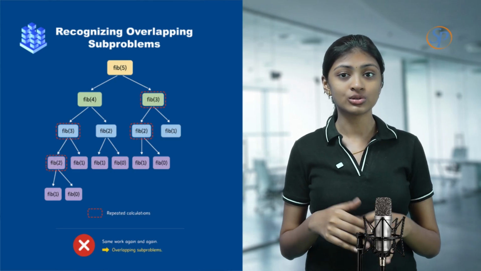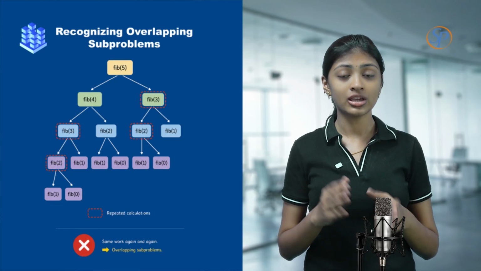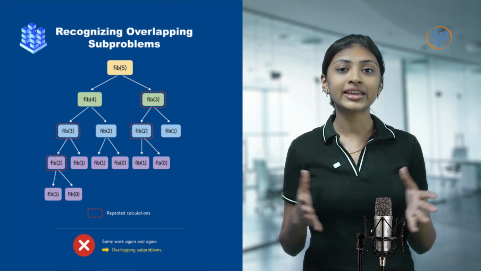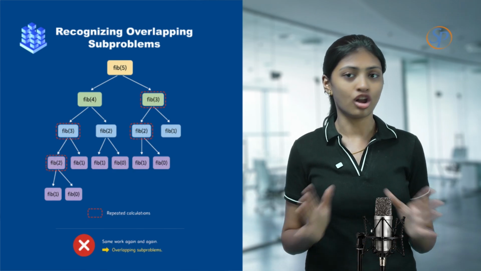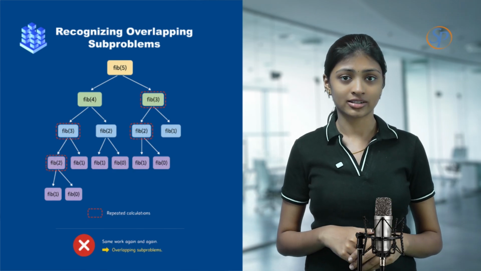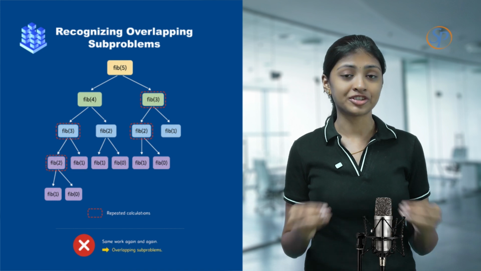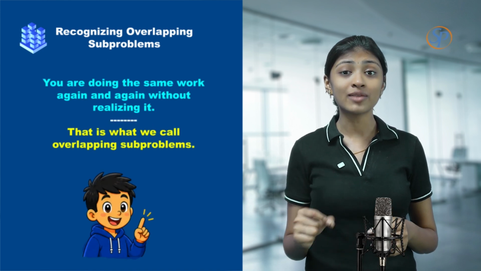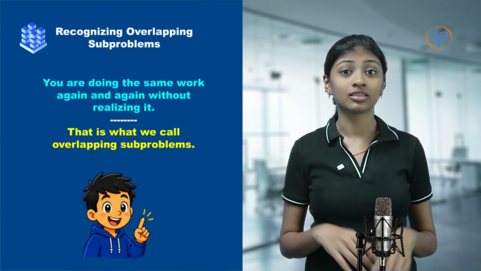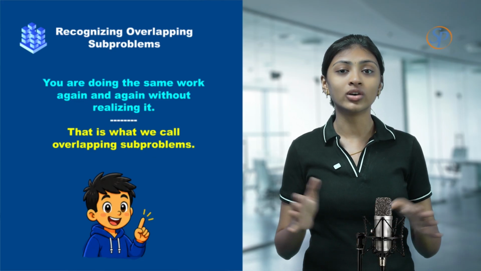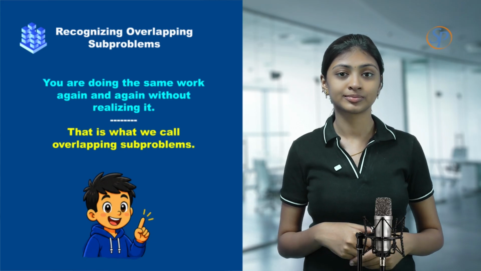The same values like Fibonacci 3 and Fibonacci 2 are being calculated multiple times. Now the problem here is not logic. The logic is correct. The problem is inefficiency. You're doing the same work again and again without realizing it. That is what we call overlapping subproblems.